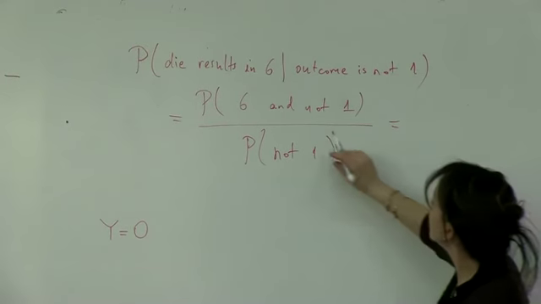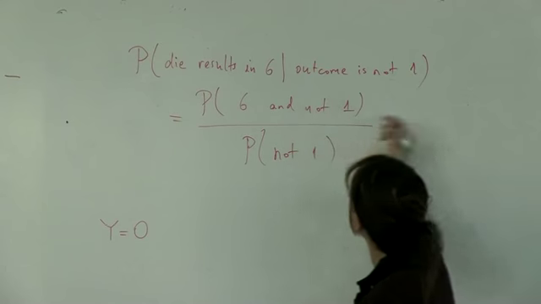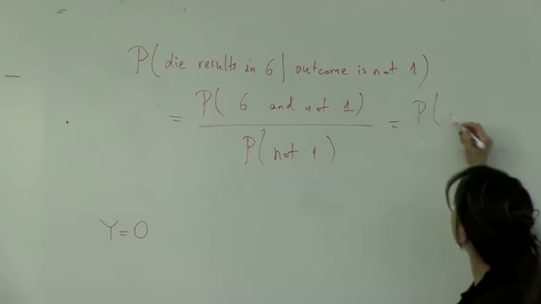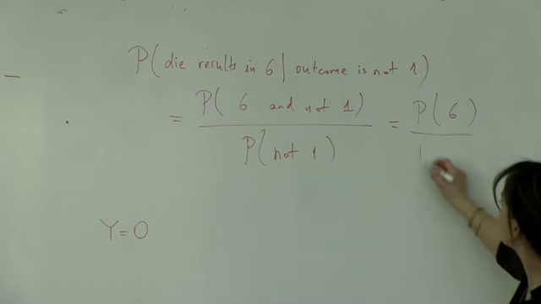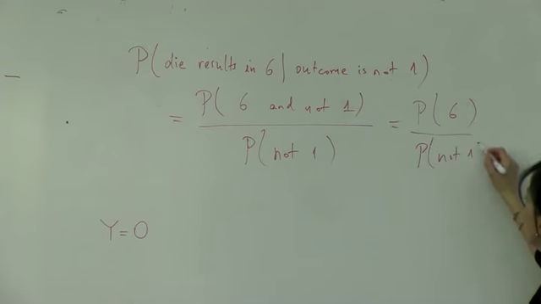Well, 6 and not 1 is simply the probability of a 6, and this is the probability of not a 1. The probability of each number is 1 over 6, and the probability of not getting a 1 is 5 over 6. So we have 1 over 5.